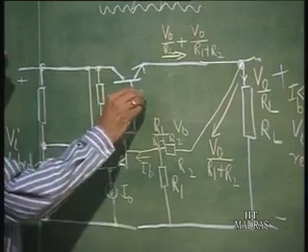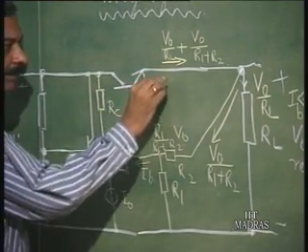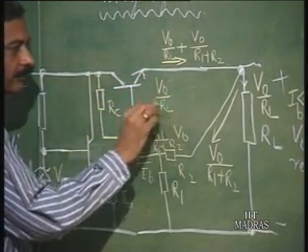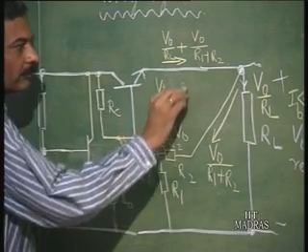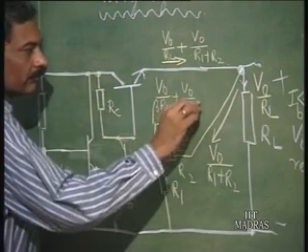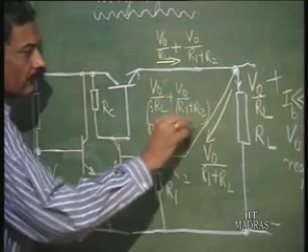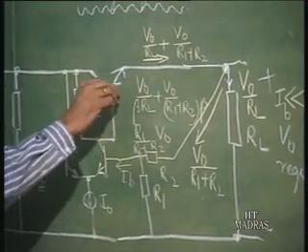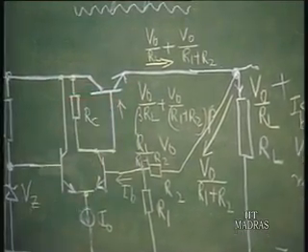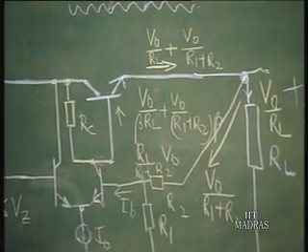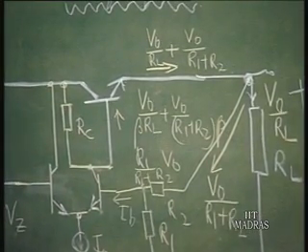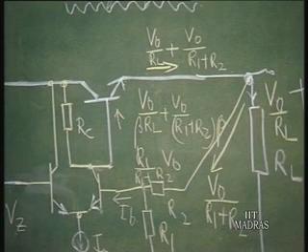Now, that current divided by beta is the current delivered by the base of this. Let us see what this current is.